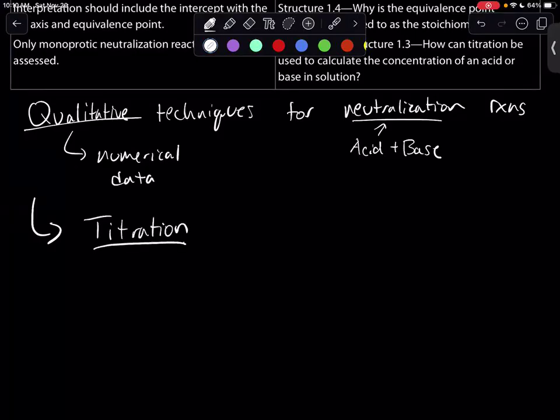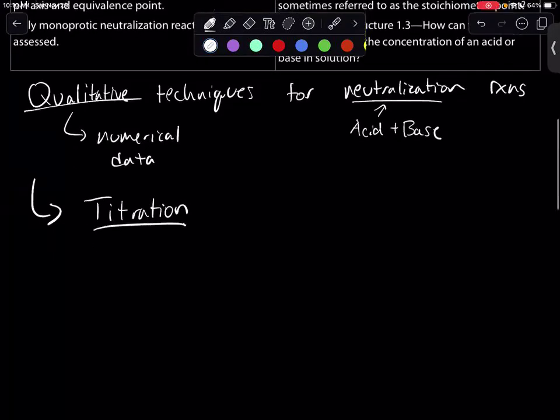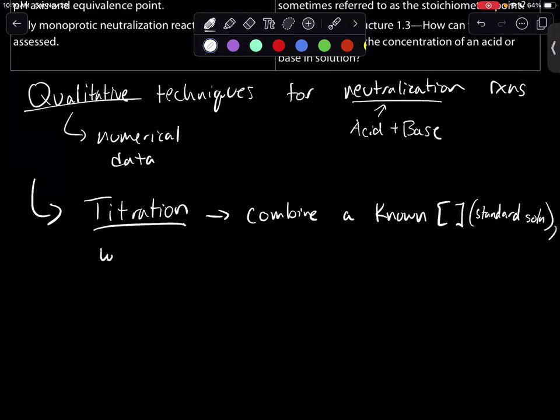Titration is one of the most common lab techniques that students and scientists do all the time throughout college and throughout their careers, because it is very good for finding exact amounts. This is where we combine a known concentration of something, which we call a standard solution, with an unknown concentration of something else, but this will have a known volume.